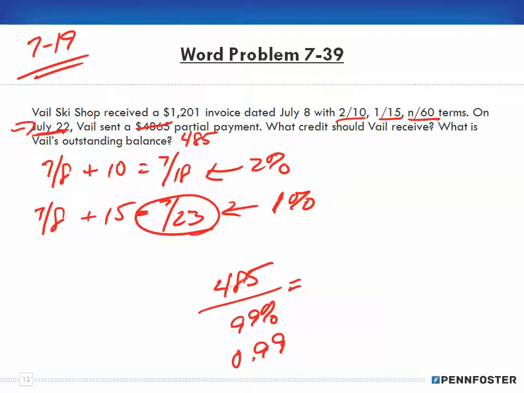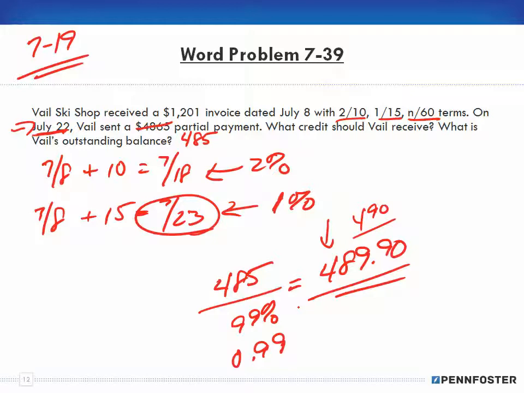I could take the 485 and divide it by 0.99, and that's going to give me $489.90, which is the amount that should be credited to the account. There's the $485 plus an additional $4.90 for the 1% discount.